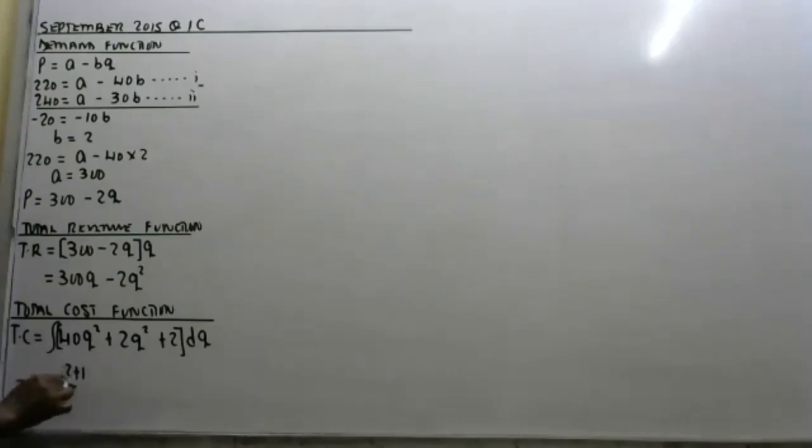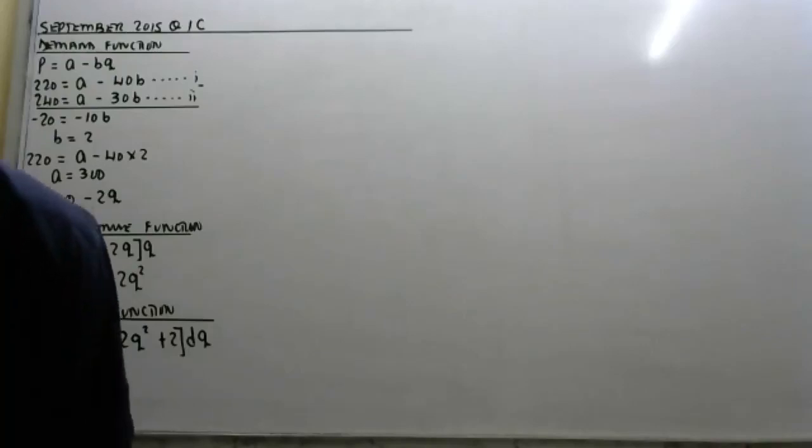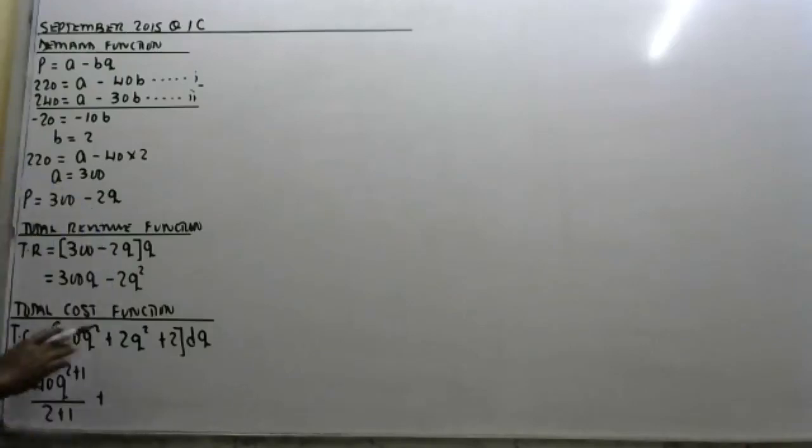It doesn't have a square, it's just 40Q. So it's just 40Q, then you add back 1 and divide by the new power.